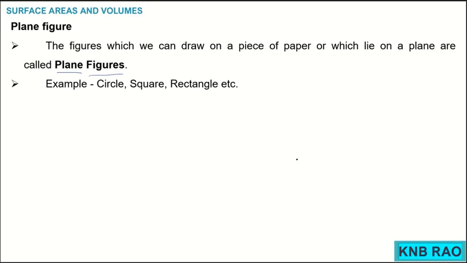Now another important thing: after learning to find area and perimeter of a square, rectangle, triangle, parallelogram, trapezium and circles, we moved on to learn solid figures, finding surface area and volume of solid figures. Which are the solid figures?